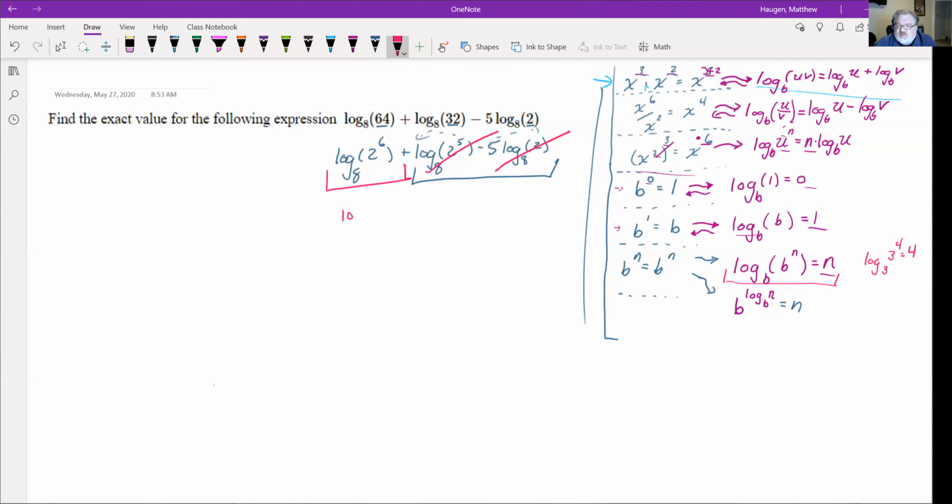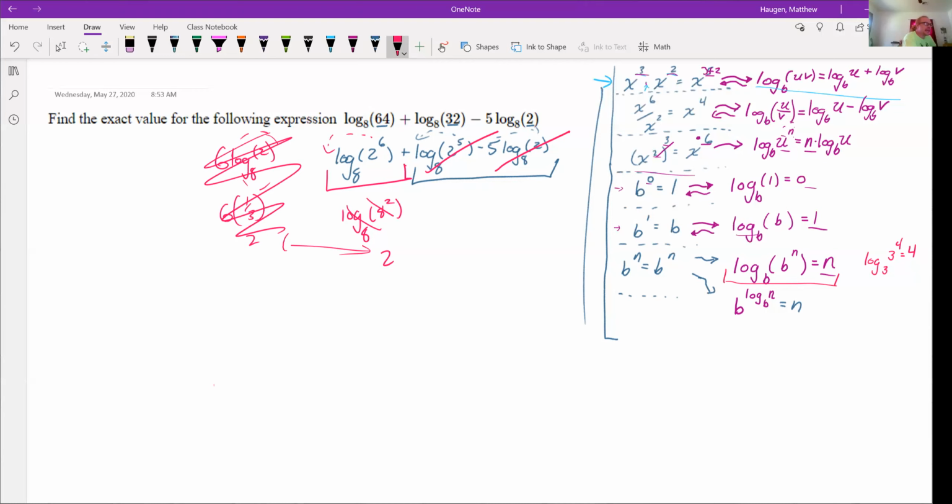But we can certainly express it as 8 squared if we want to. And say, hey, that's a 2. Or we could bring that 6 down and say 6 log base 8 of 2. And what's log base 8 of 2? Well, it's the cube root of 8 makes 2, so it's a 1/3. 6 times 1/3 is 2. I wouldn't make that argument if I were you, but it certainly works.